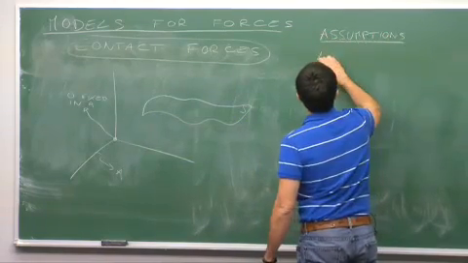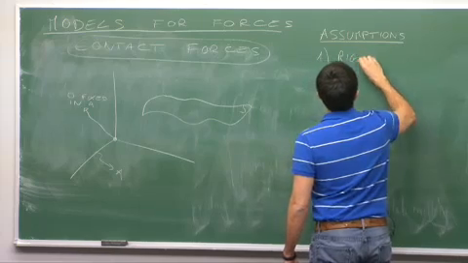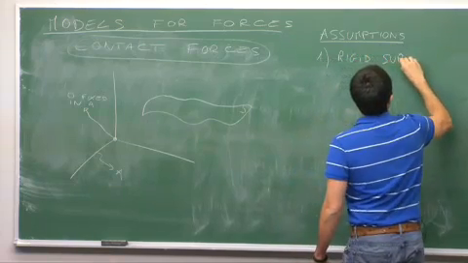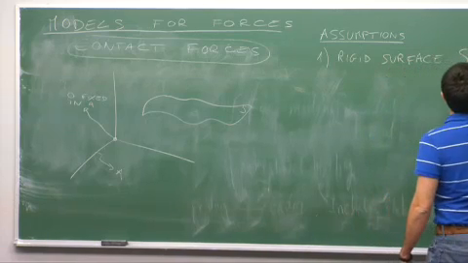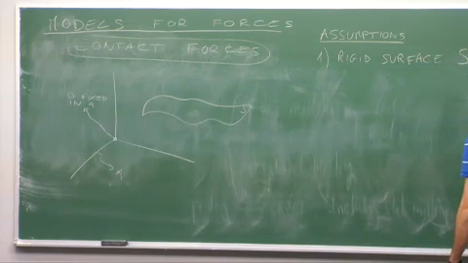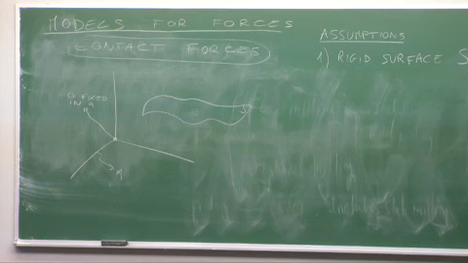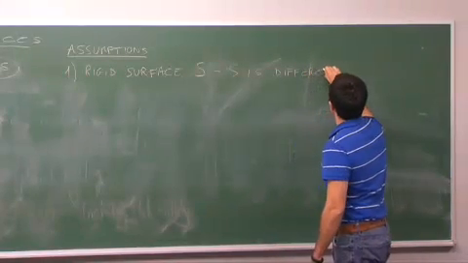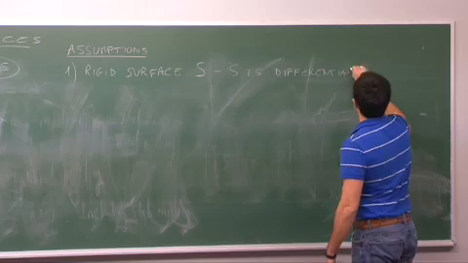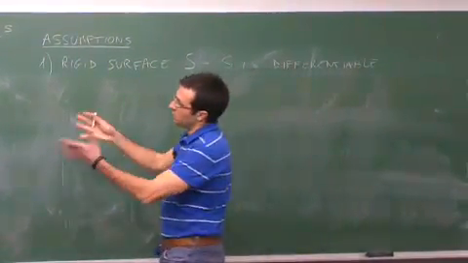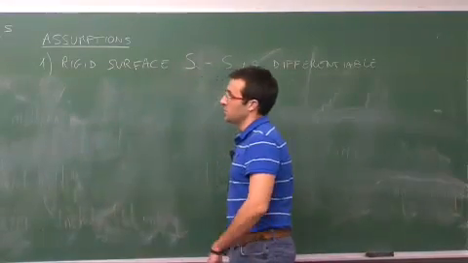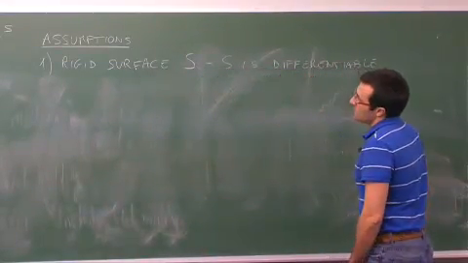We have a rigid surface S, and let's say also that S is differentiable. For what we are concerned, this means that you can take its gradient. It's a smooth surface. There's no weird jumps or steps or things like that.